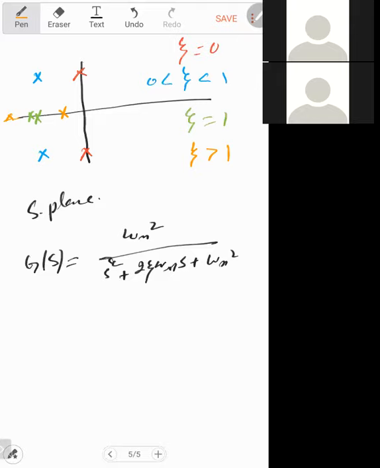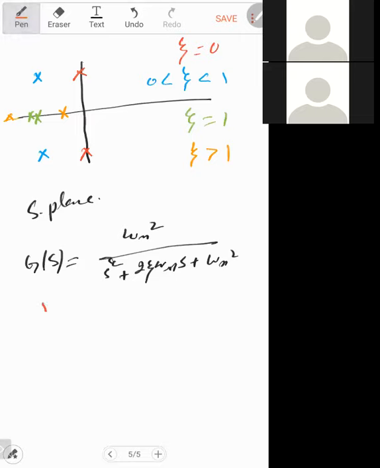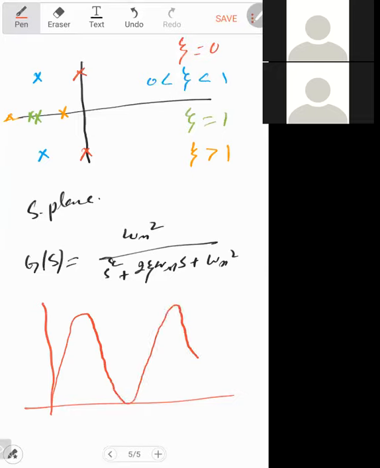So what happens in the first case, when zeta is equal to 0? In that case we have the oscillating case like this. You see, this means that when zeta is equal to 0, this is the undamped case, so the amplitude is not reducing.